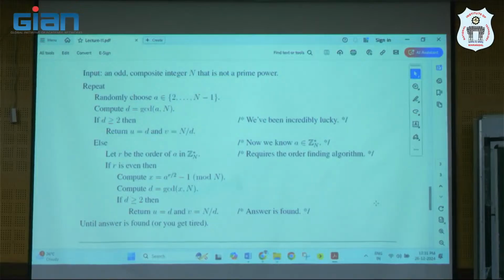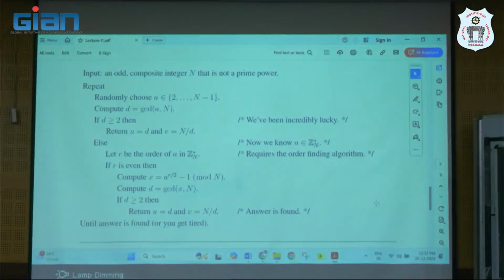We'll see how to do this, it's a separate algorithm. So if it is a prime power, finding the factor is easy. So we are assuming it is not a prime power also, agreed? That is the interesting case, when it is odd and not a prime power.